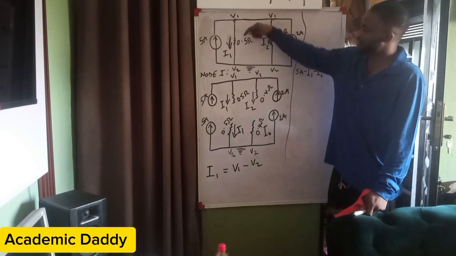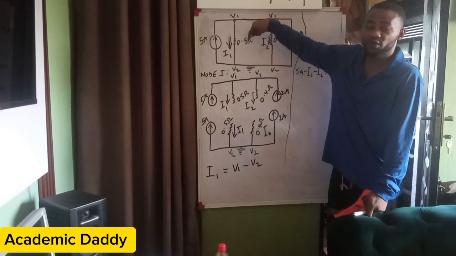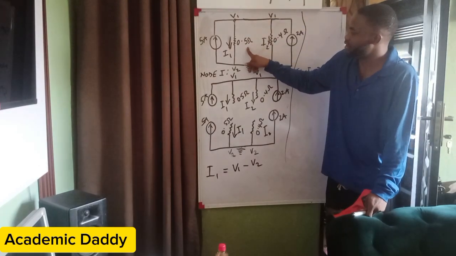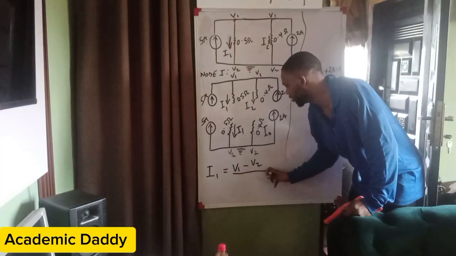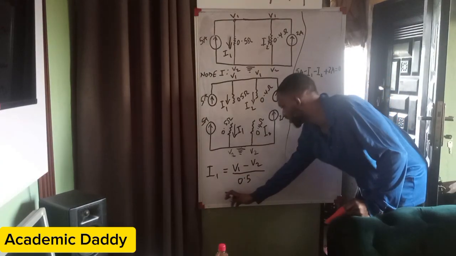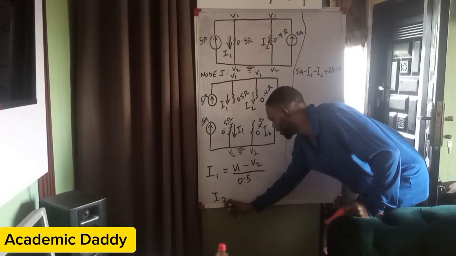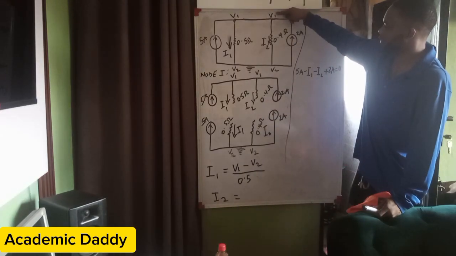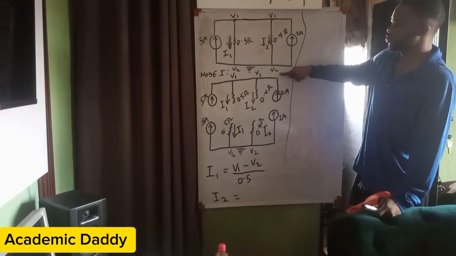Now if I've noted that, remember that current is voltage over resistance. So I will now say the resistor in between is 0.5, so all over the resistor in between, which is 0.5. To find I2, let's use the same principle. Notice that this is V1 here, this is V2.